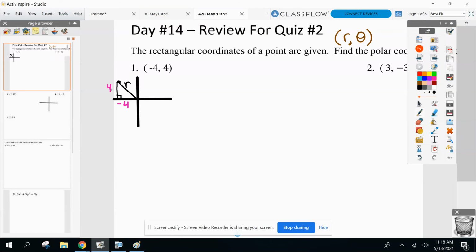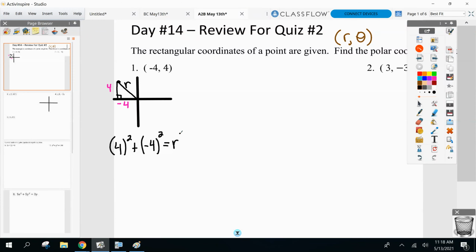So here we go. Pythag to find the R. 4 squared plus -4 squared equals R squared. Pythagorean Theorem. When you square, the numbers come out to be positive. Sorry I have to yell that, but that gets me fired up.